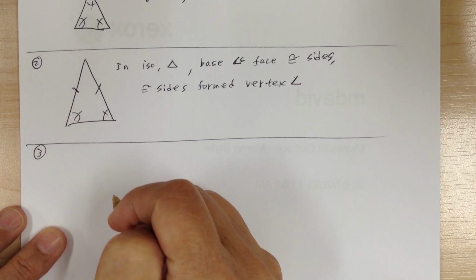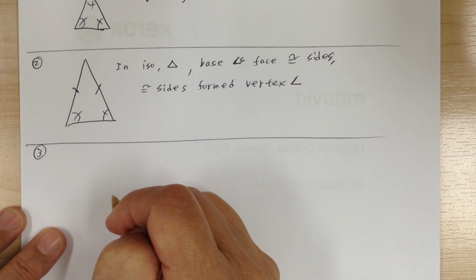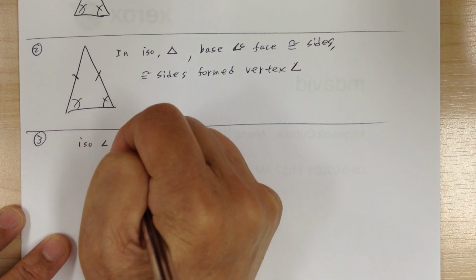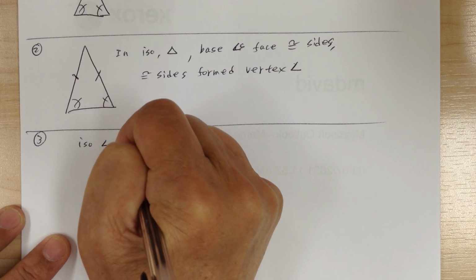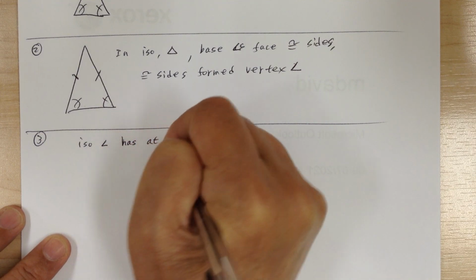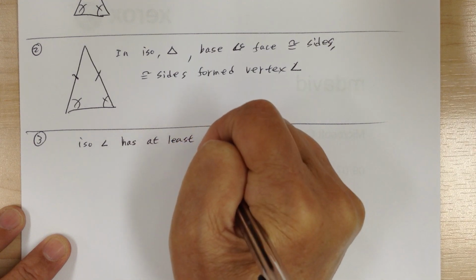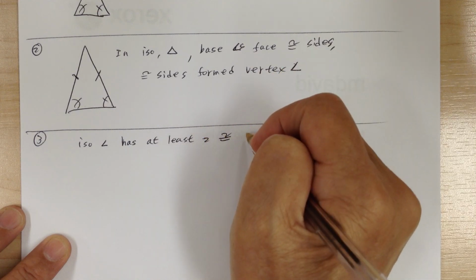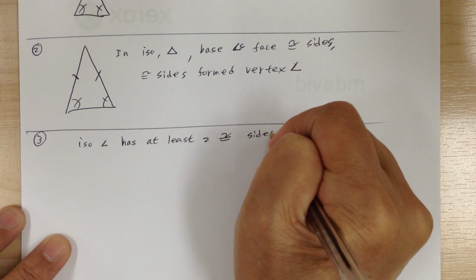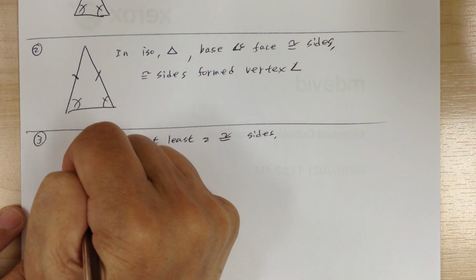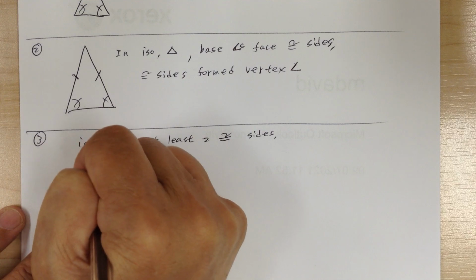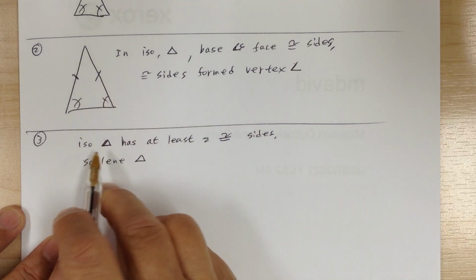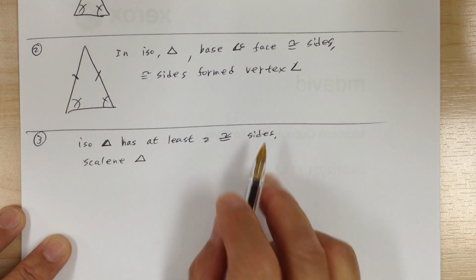Okay, number 3, describe the difference between isosceles and scalene triangles. So isosceles triangle has at least 2 congruent sides, and the scalene triangle, or isosceles triangle, isosceles triangle has at least 2 congruent sides.